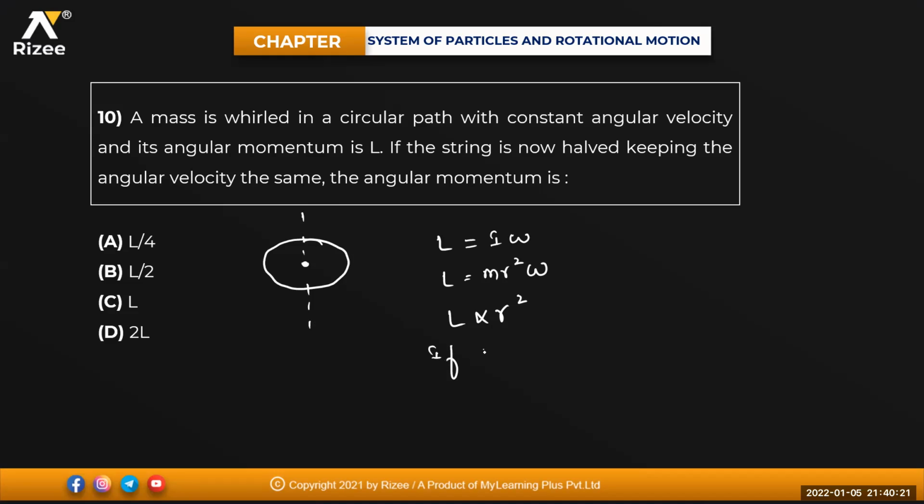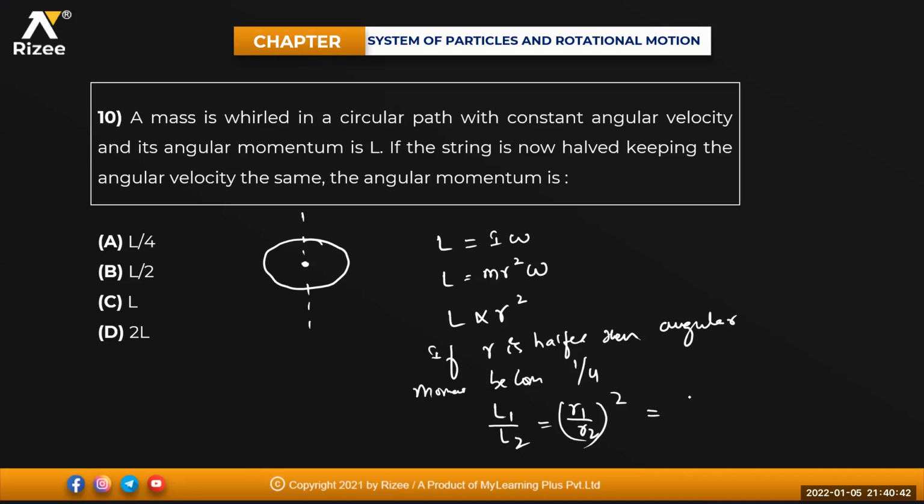So if R is halved, then what happens to the angular momentum, beta? Angular momentum becomes 1/4, isn't it? Because L1 by L2 is equal to R1 by R2 whole square.